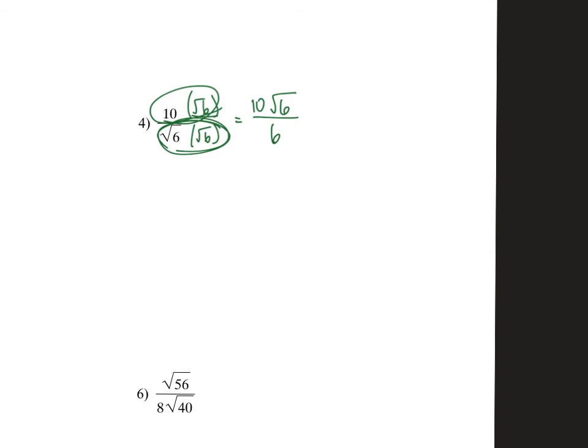Now, if you look really close, this 10 and this 6 are both on the outside, right? They're not under radicals, which means it's reducible. I can actually divide both of those by a 2, which gives me 5 rad 6 on the top and a 3 on the bottom. You can't reduce this one because it's underneath.